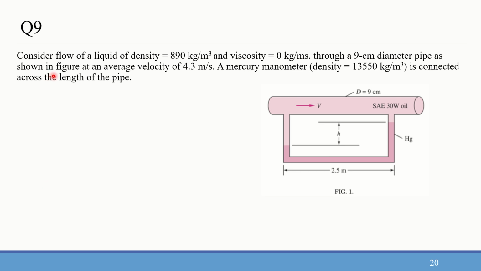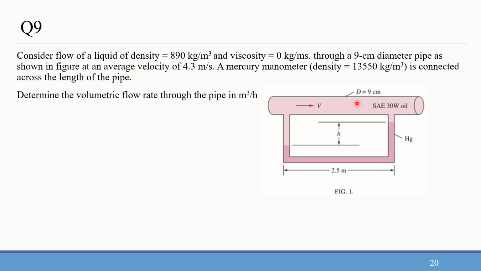So in the question it is given: consider flow of a liquid of density 890 kg per meter cube and viscosity 0 kg per meter second through a 9 centimeter diameter pipe as shown in the figure, at an average velocity of 4.3 meter per second.